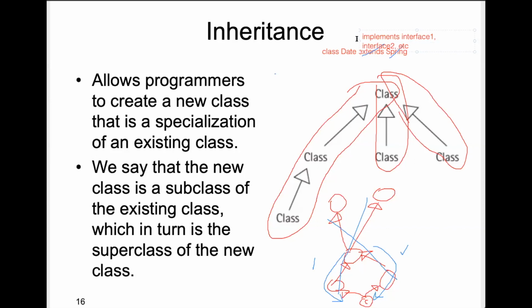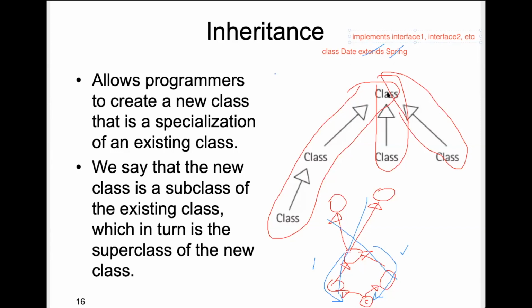Java allows you to implement multiple interfaces, and an interface can actually extend from another interface, but this goes beyond interfaces and classes in general. We're talking about general inheritance as well.